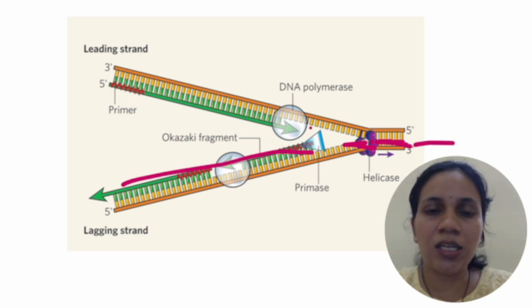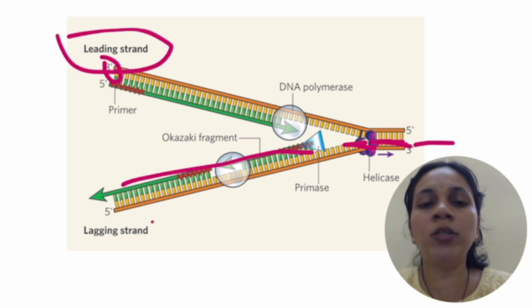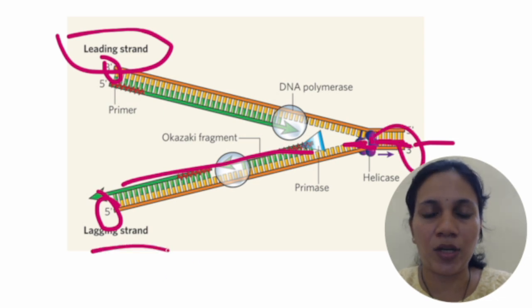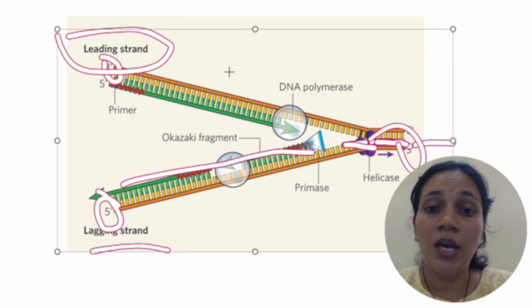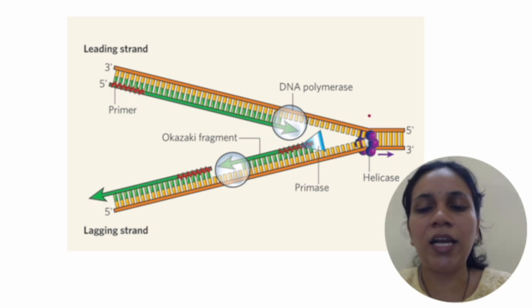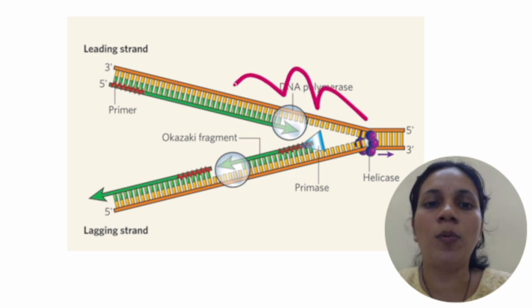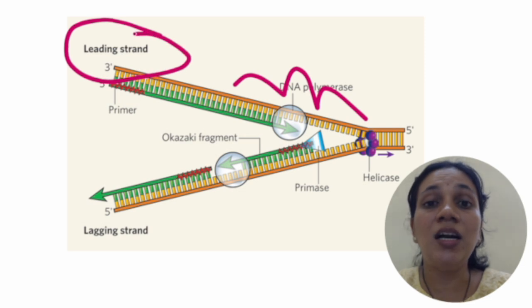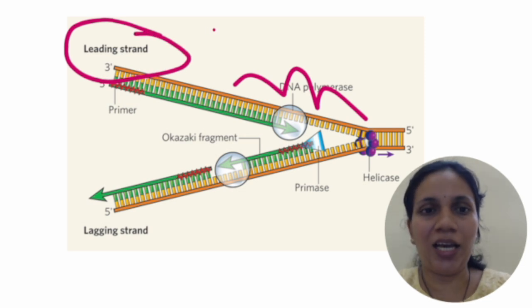So the 3 prime 5 prime strand becomes the leading strand, and the opposite 5 prime 3 prime strand becomes the lagging strand. So DNA replication occurs in two different ways on the two strands. On the leading strand, because it is continuous, dNTPs are added without any problem. Here it becomes continuous replication.